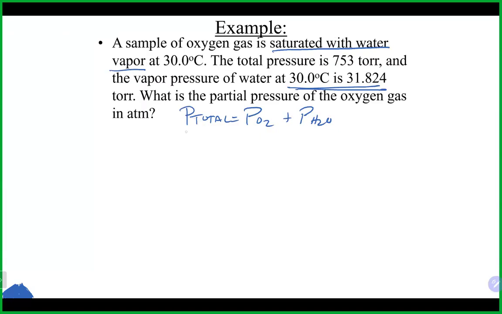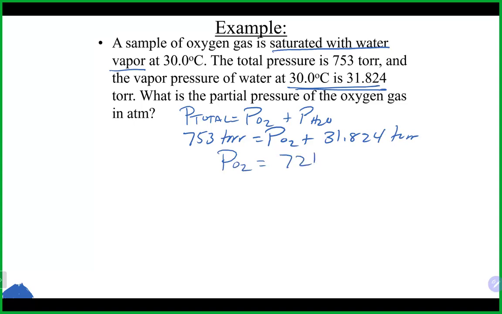So we know the total pressure is 753 torr, which equals the pressure of oxygen plus the vapor pressure of water, 31.824 torr. Basically, I'm going to subtract it to the other side. And that's going to give me a partial pressure of oxygen of 721 torr. Seems good.